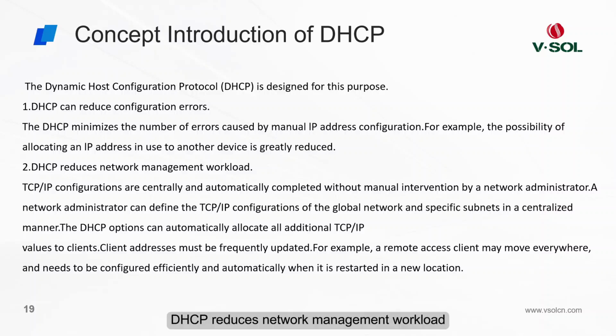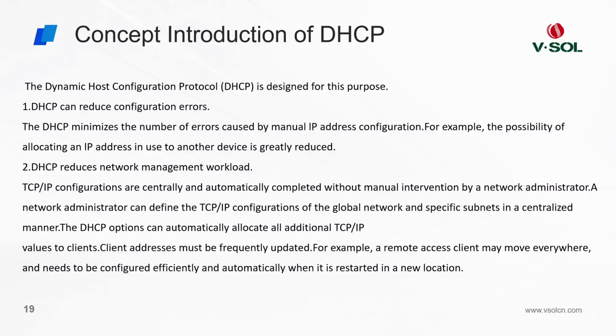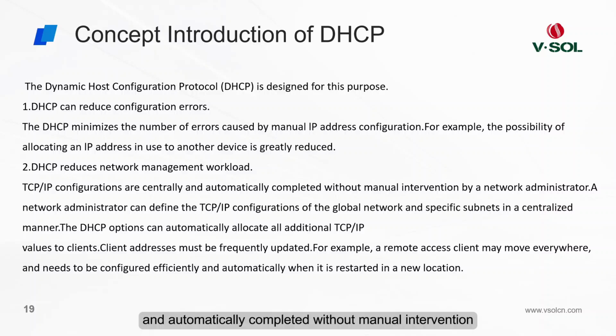2. DHCP reduces network management workload. TCP or IP configurations are centrally and automatically completed without manual intervention by a network administrator. A network administrator can define the TCP or IP configurations of the global network and specific subnets in a centralized manner.